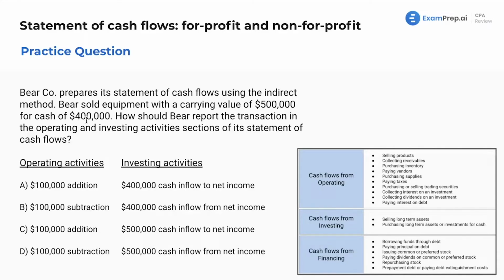So we're actually going to add that $100,000 loss back to operating activities using our indirect method. This carrying value of $500, it's like you had a stock for $500 and you sold it for $400. That's a $100,000 loss. Adding that back to operating activities, so it's not going to be a subtraction, which crosses off letters B and D.